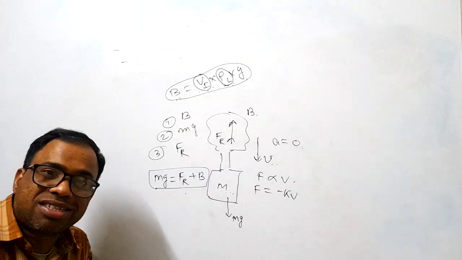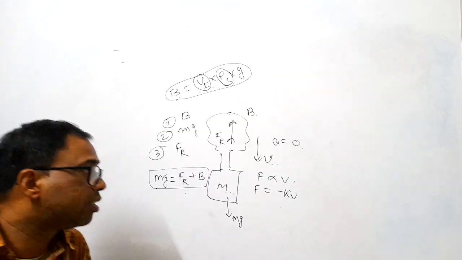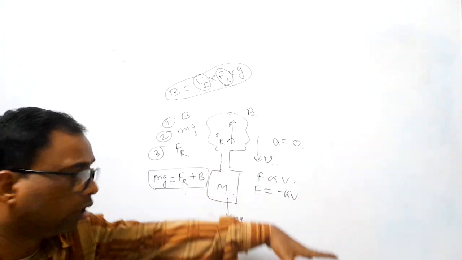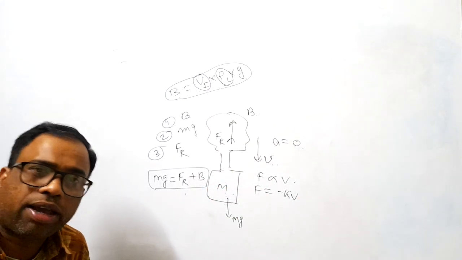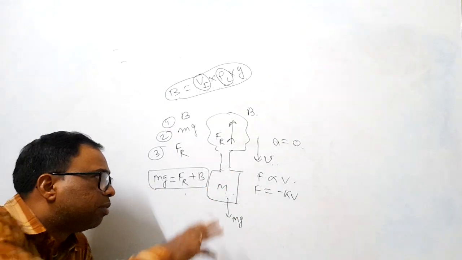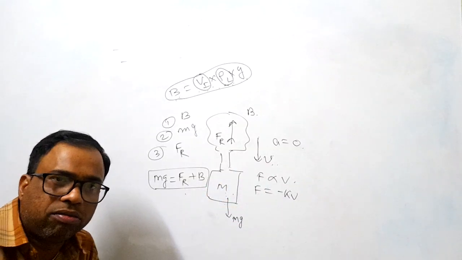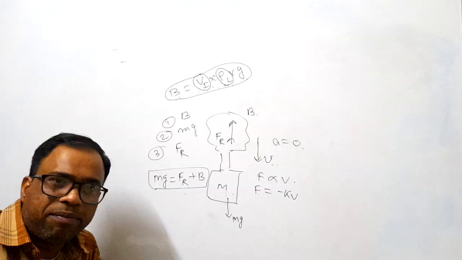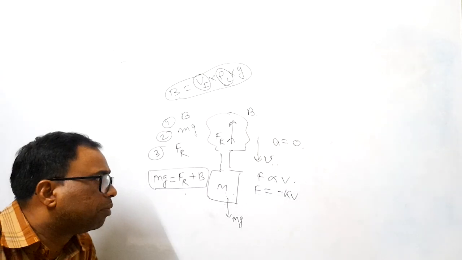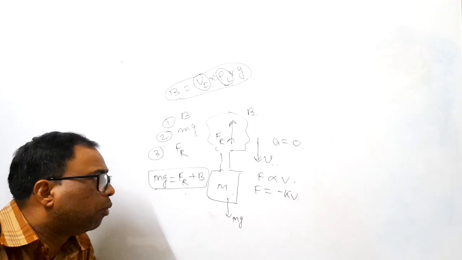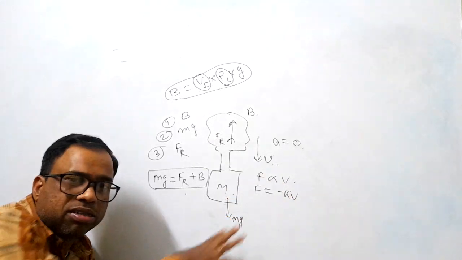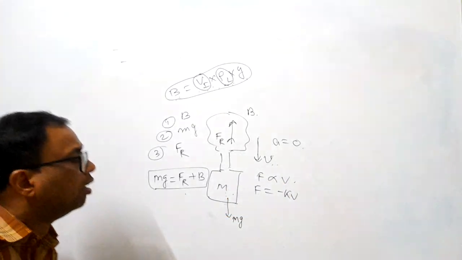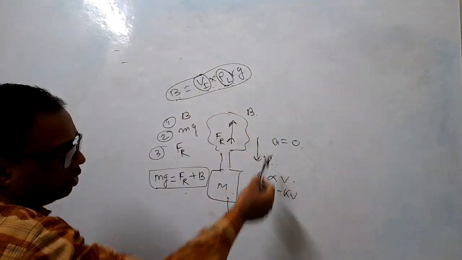Now some mass, suppose some mass from the balloon is thrown into the atmosphere. Suppose some part of the mass, small m, is thrown from the balloon. Thrown means just released from the balloon by the man or by some other way. If you release some mass without giving any velocity, then the balloon starts to move upward.